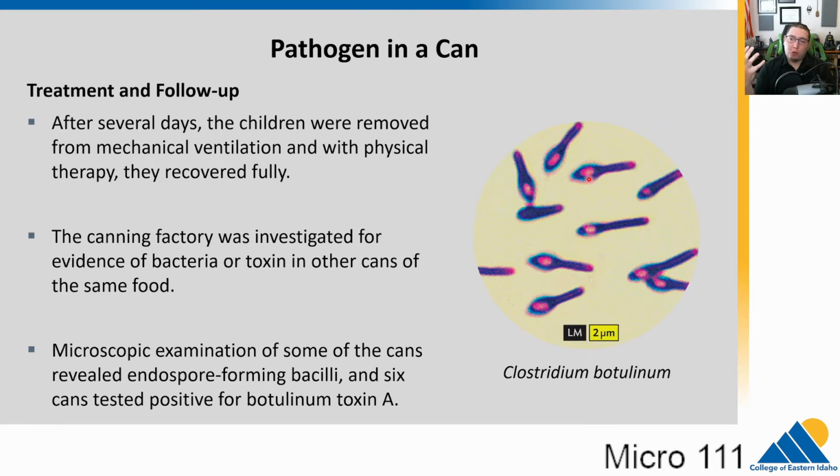And these endospores are super resistant. They resist heat, so even if you boil something, it doesn't destroy these endospores, and they can live without oxygen. So botulism and canning are a problem because canning is designed to preserve food, right? You heat it up and you seal it, sealing out the oxygen.